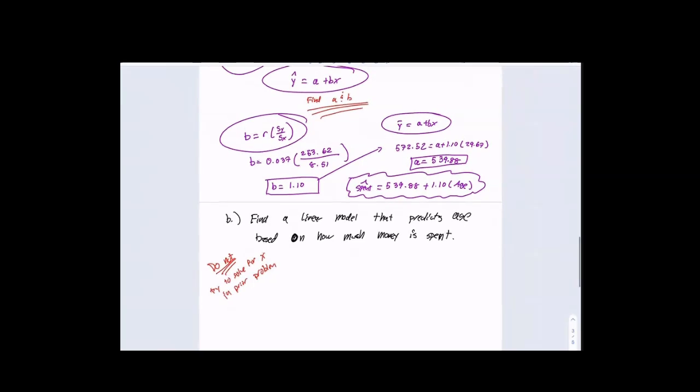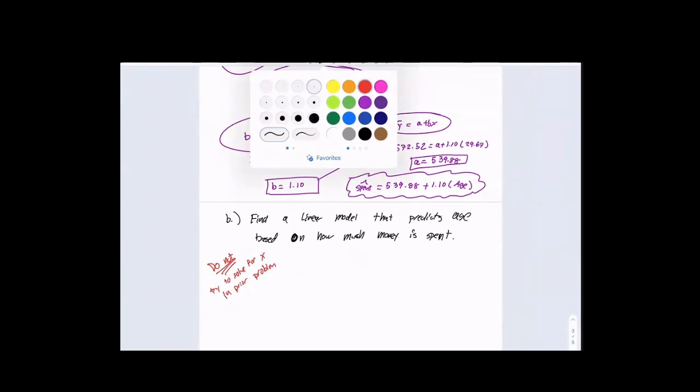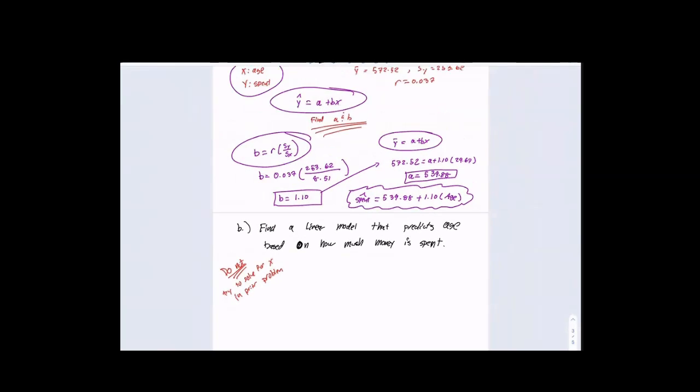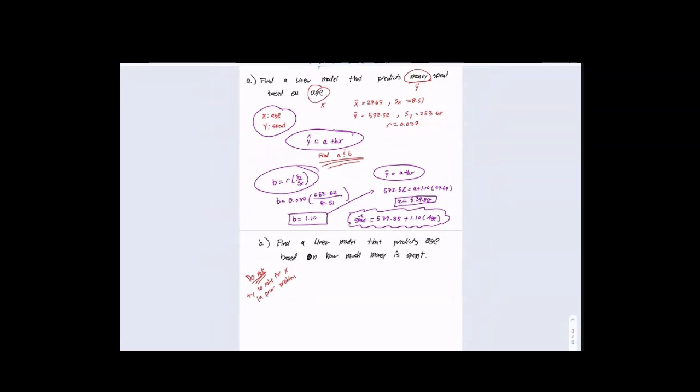However, what all this tells me is that the variables have switched. Now x is spent and y is age. So now x bar is 572.52 and sx is 253.62.